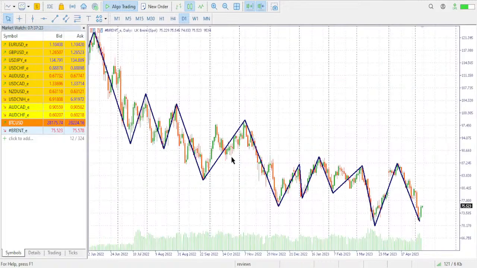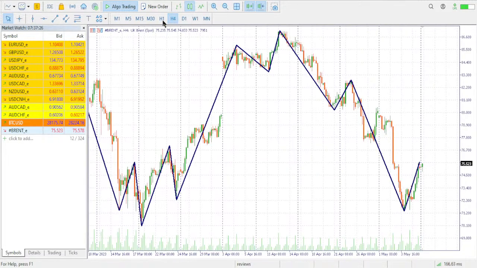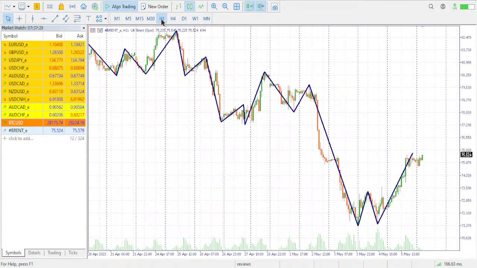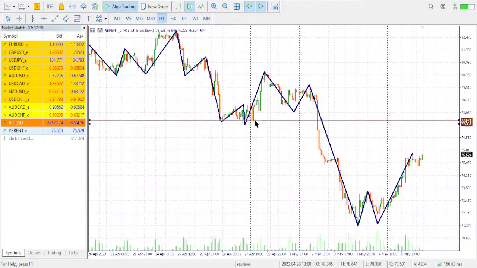My next chart is Brent oil. So with Brent oil so far, it looks like the price is moving to the upper side, but we are actually looking for this level here. We expect the price to move at least up to this point. So we have a support, there is a break.